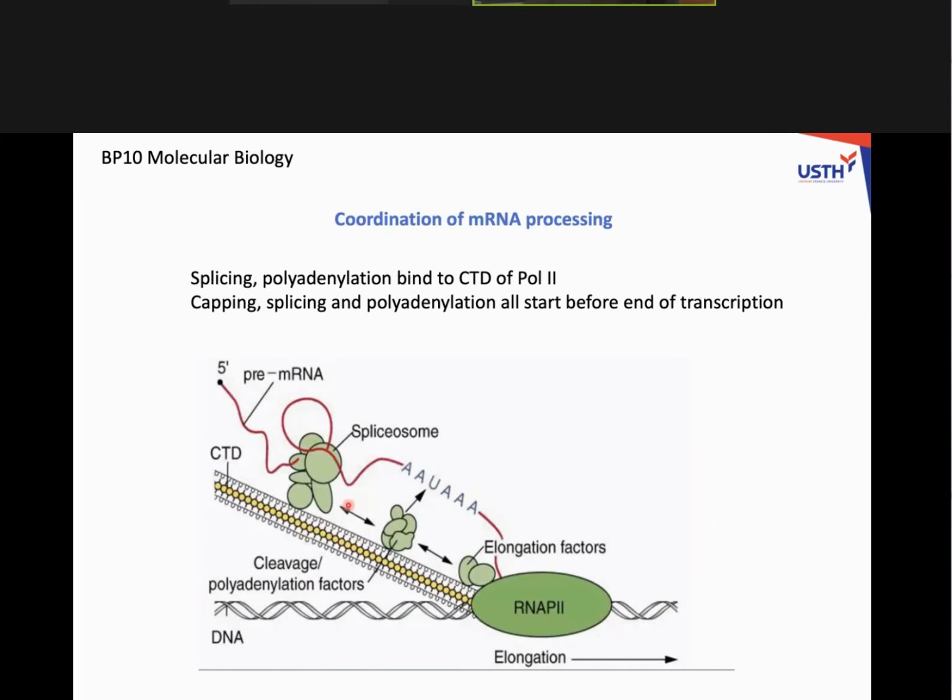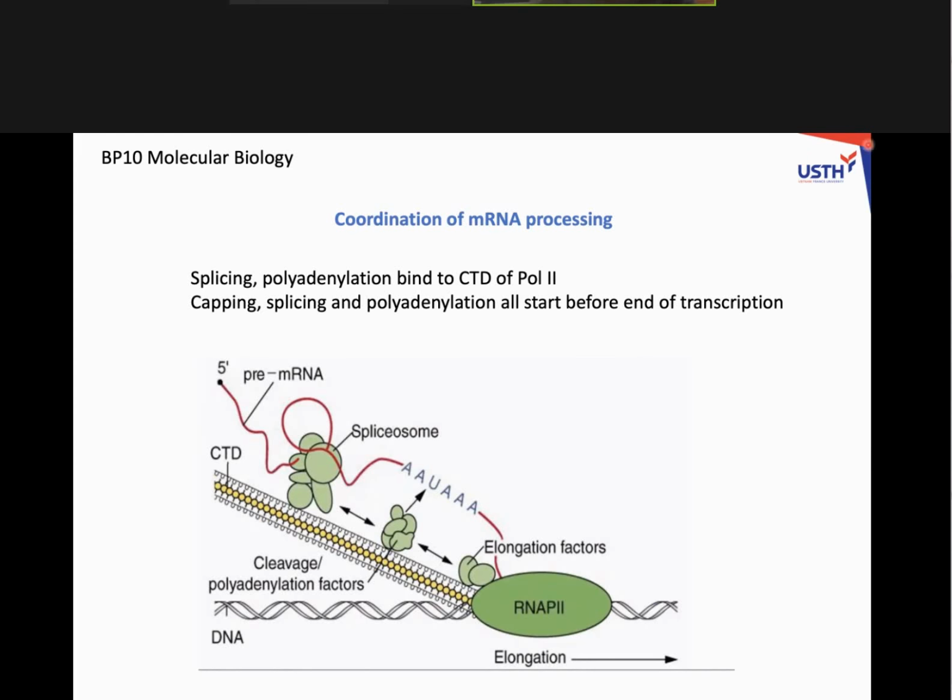So a complete summary, just a reminder, is to keep in mind that this is RNA pol 2, which is transcribing the RNA, which is there. This is the C-terminal domain, and the RNA is here, in red, 5 prime.